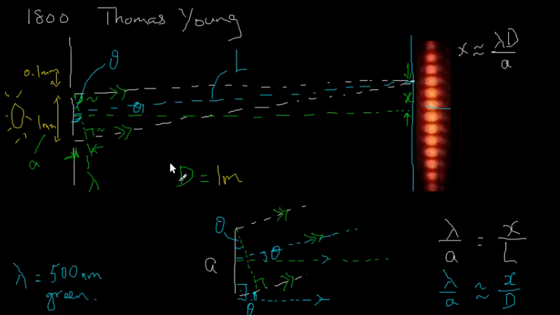Lambda we know is 500 nanometers, times D, which is 1 meter, and a is 1 millimeter. So 1 meter divided by 1 millimeter.